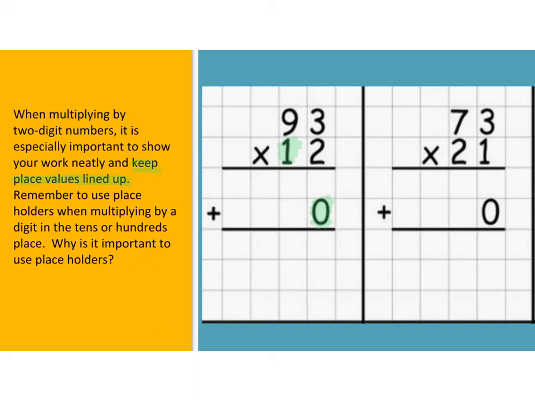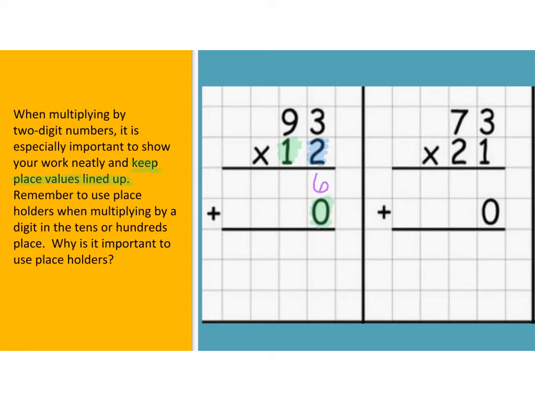We're going to multiply 93 times 12. I'm going to start with my number in the ones place, the 2, and multiply it by both digits on top. Two times 3 in the ones place is 6.